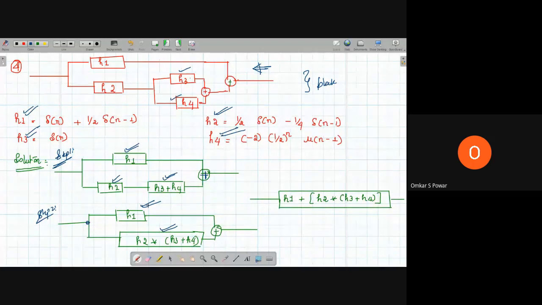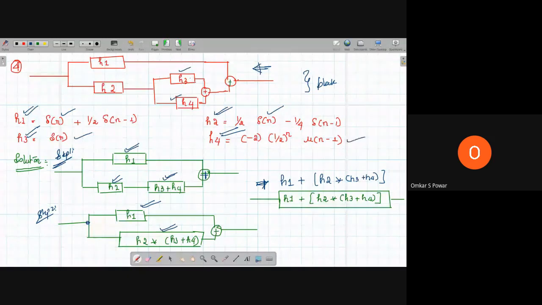So h1 plus h2 convolved with h3 plus h4. So this is your final expression. But what have they given? They have given the values of h1, h2, h3 and h4.